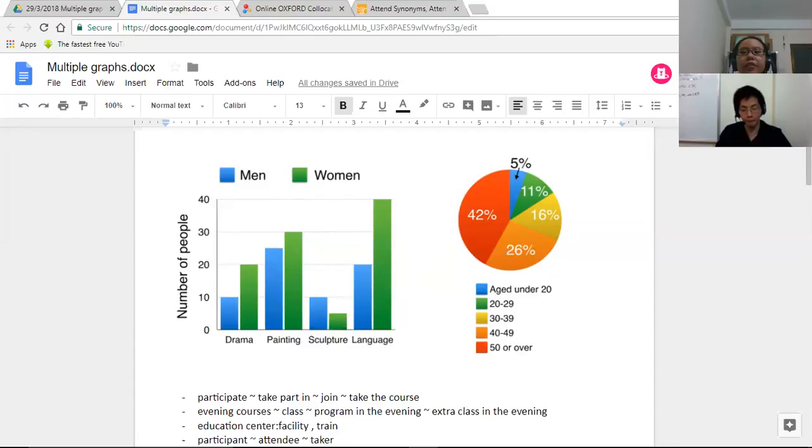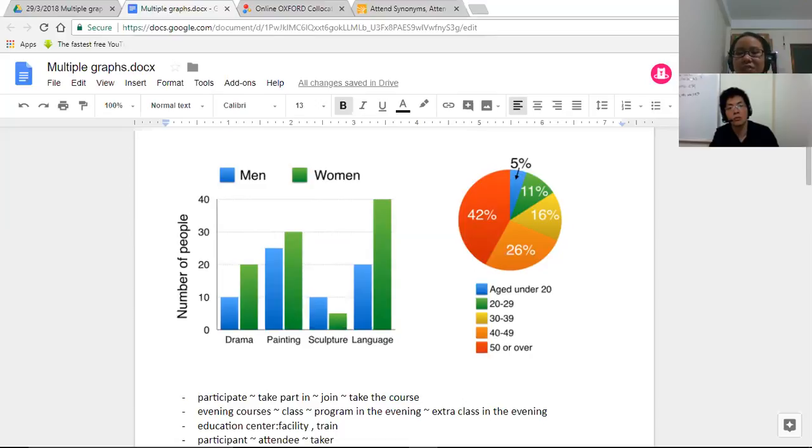Normally, if they give you at least three different graphs, there are two graphs that have a connection with each other, and you can include them in one overview sentence and in one major body paragraph. So it depends on the task that they give you. And when you see no correlation, you can write the overview in three sentences.